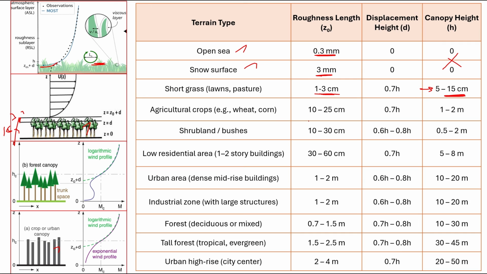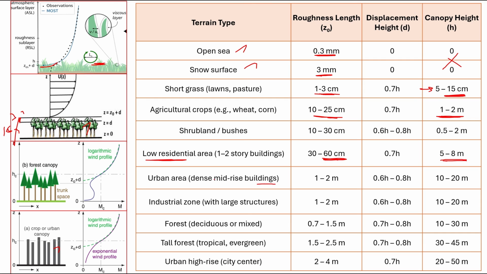Then for crops, the canopy height is from 1 to 2 meters, and Z0 is up to 25 centimeters. Bushes are almost similar. Then in urban regions, for low-rise buildings the urban canopy height is up to 8 meters, and the Z0 roughness length is around 60 centimeters.